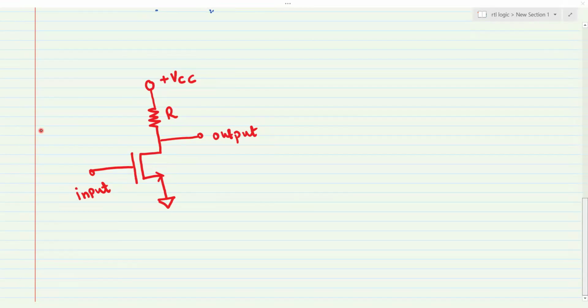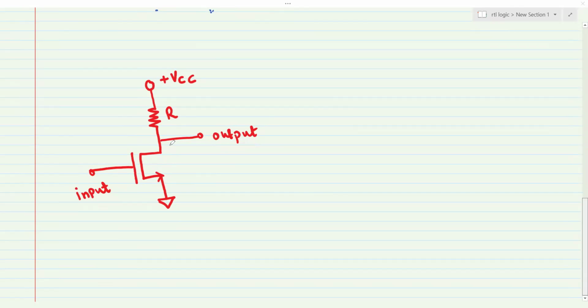On your screen, we see now a circuit consisting of an NMOS transistor. You have a resistor R, then you have the input and the output.